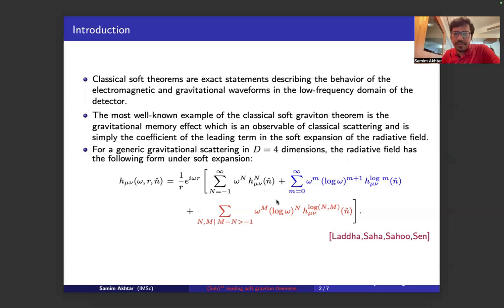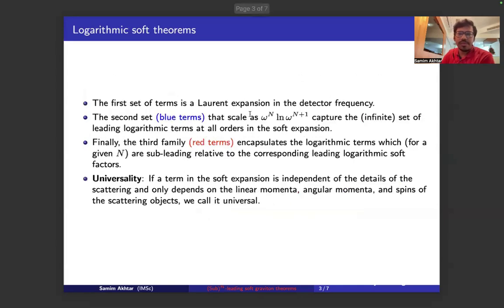So here you see there are three kinds of terms. The first family is just a Laurent series in omega, which is the frequency of the detector. The second, blue colored term represents the terms omega to the power n log omega to the power n plus 1, which capture the infinite set of leading log terms at all orders in the soft expansion.